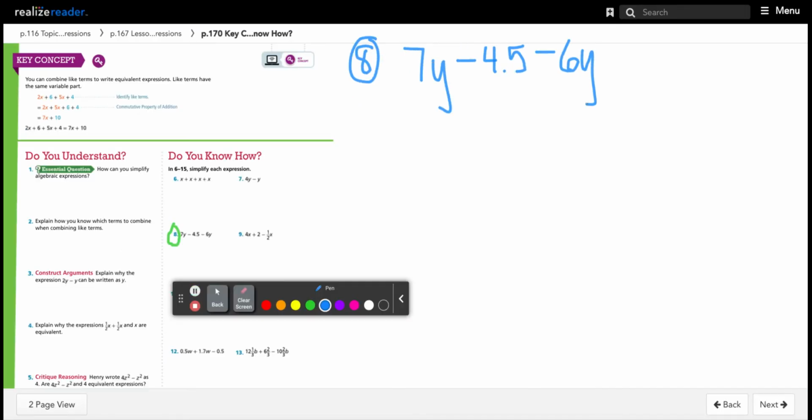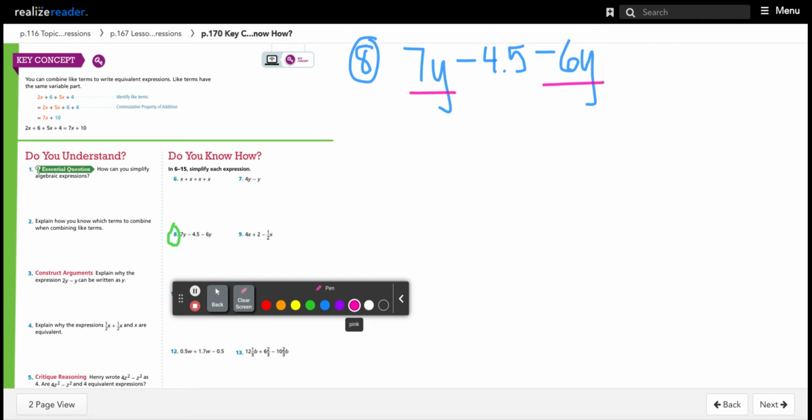So let's start by writing number 8 in your notebook. 7y minus 4.5 minus 6y. And let's look for the like terms. I want you to underline the like terms here. So we have 7y minus 4.5 minus 6y. Underline the terms with the same variable and the same exponent. So we have 7y minus 6y.